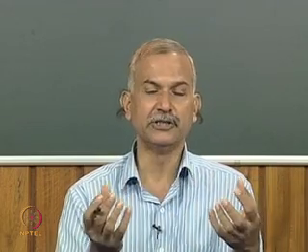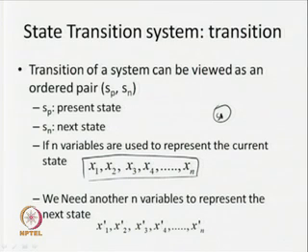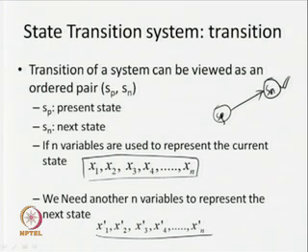Now, when I have a transition from the present state SP to the next state, we have to represent this next state also, where we go after making this transition. This next state behavior will again be represented with n state variables, because n state variables are required to represent the present state. I need another n variables to represent the next state, and the primed versions of the original variables are used to represent this next state behavior.